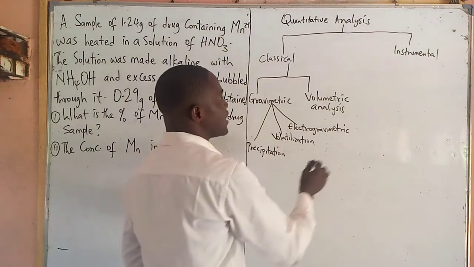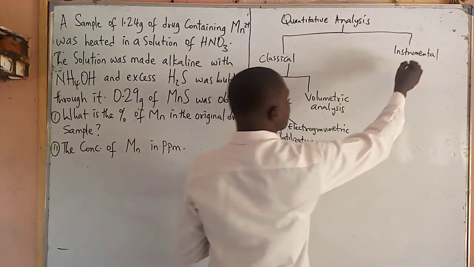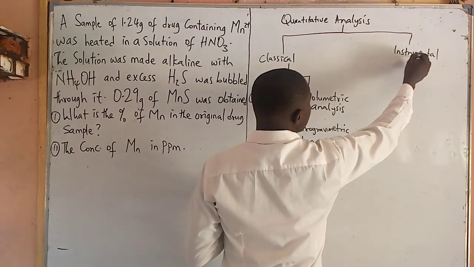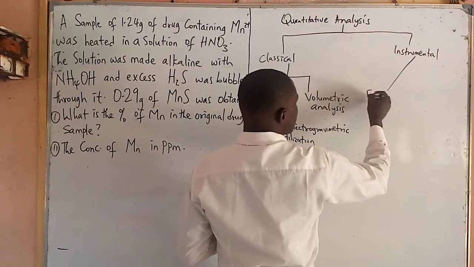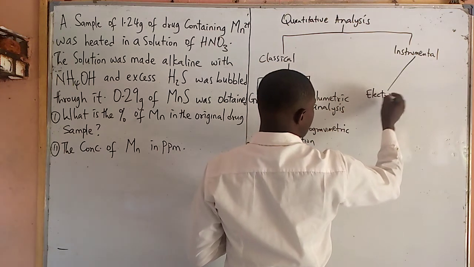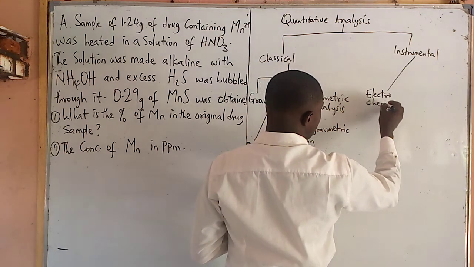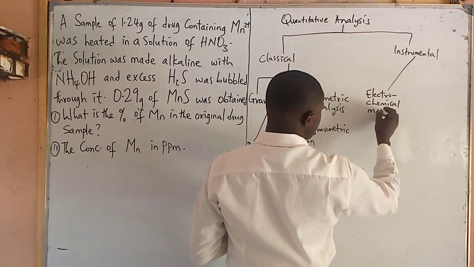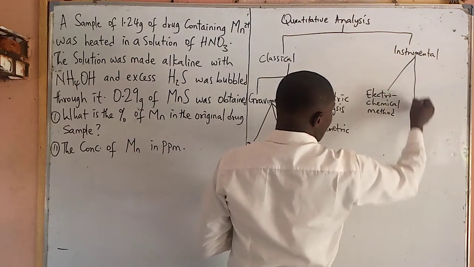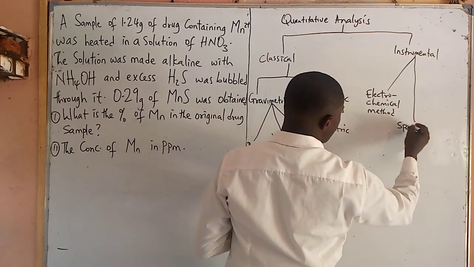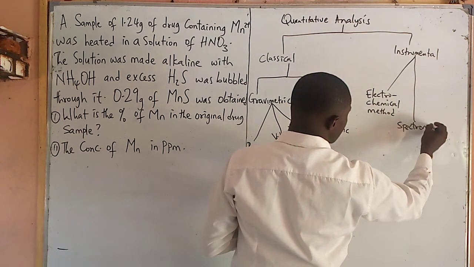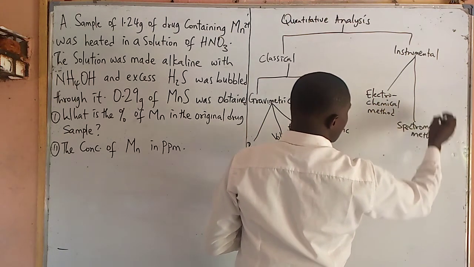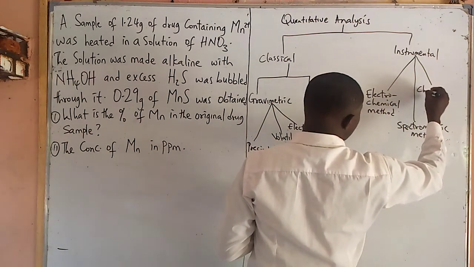Then instrumental is also divided into three. This one involves the use of instruments as well. So they are divided into three: electrochemical method, then the next one is spectrometric method, and the next one is chromatographic method.